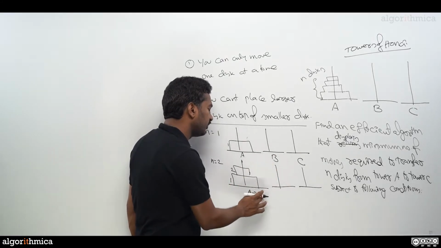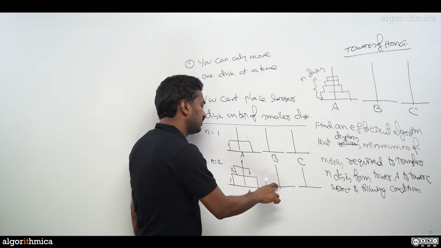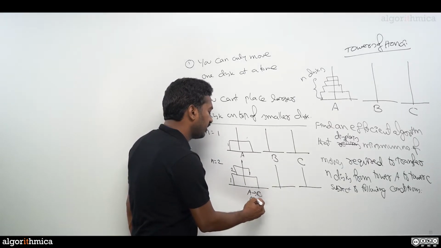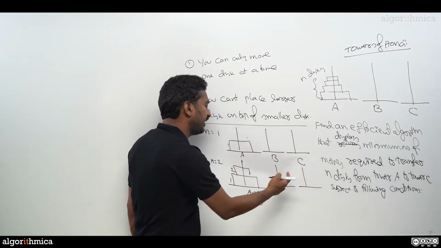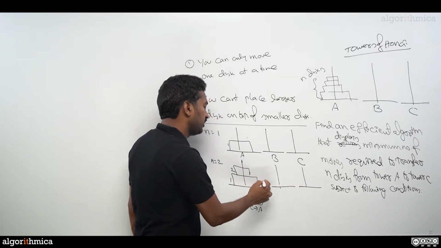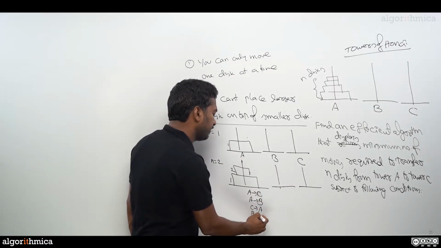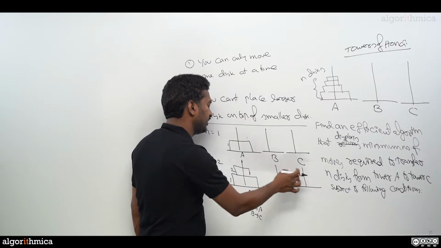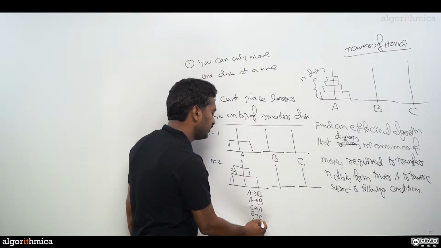Then the largest one, I'm moving from A to B. Then again the smallest one you bring, because I need an empty space for the largest one, C to A. Then the largest one goes from B to C. The largest one is on C. The final move we make is the smallest one from A to C.